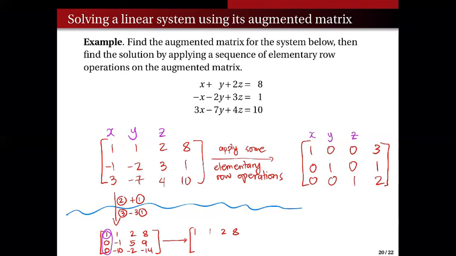What is step 1? Choose the leftmost non-zero. The leftmost non-zero in row 2 is in column 2. The leftmost non-zero in row 3 is also in column 2. So you can choose any. But let's just choose this row 2.